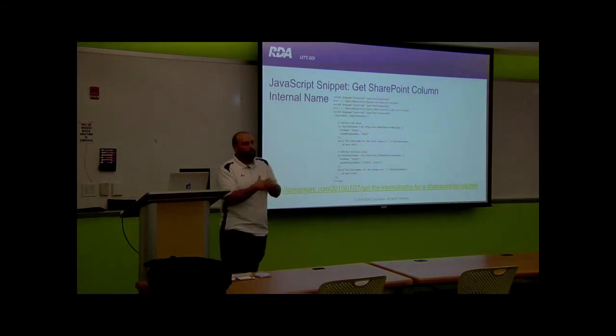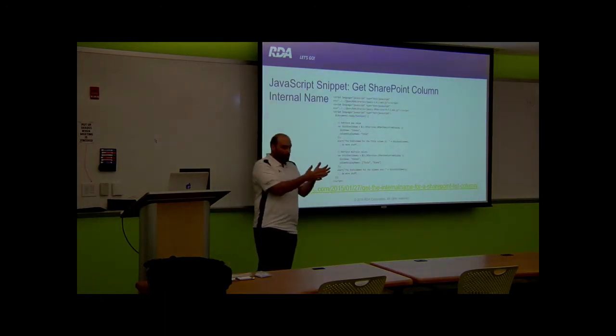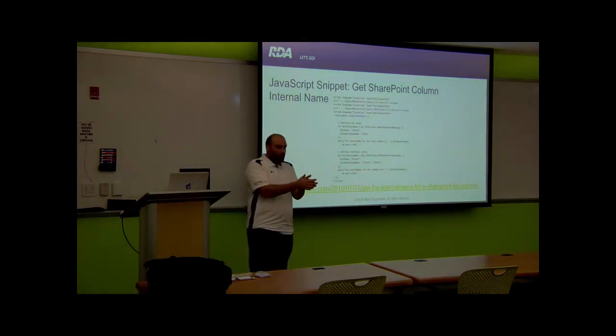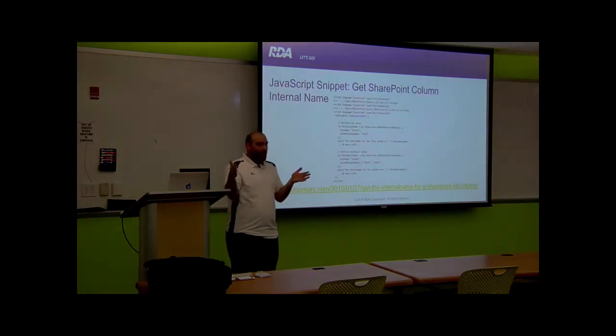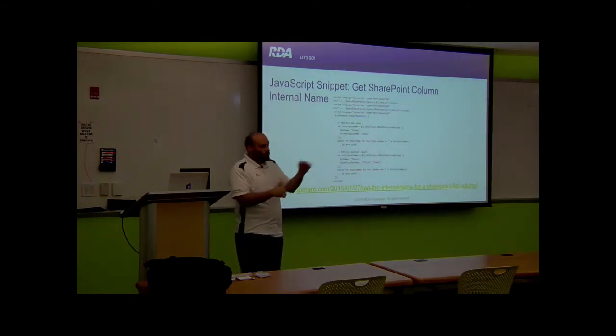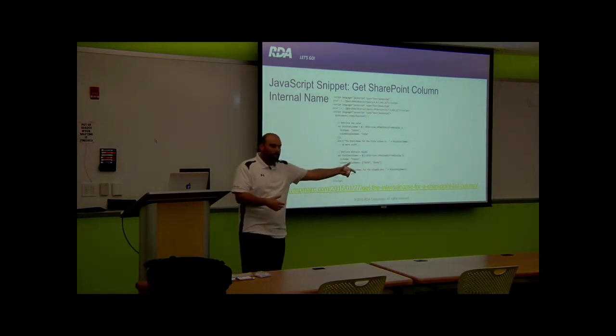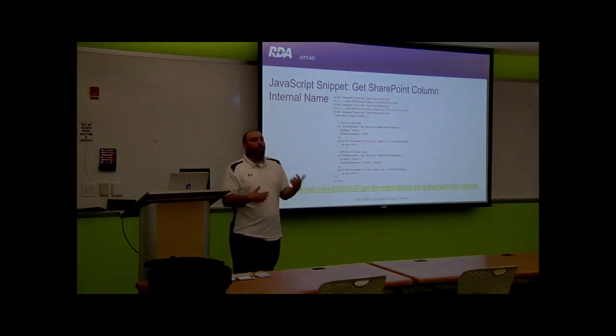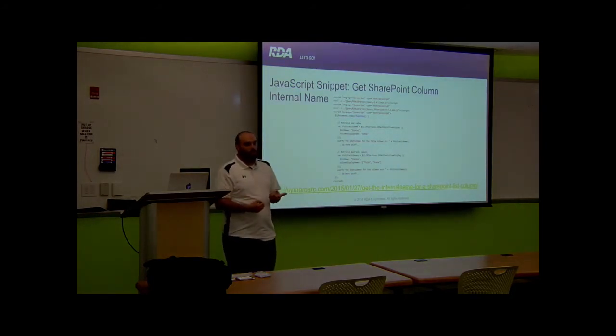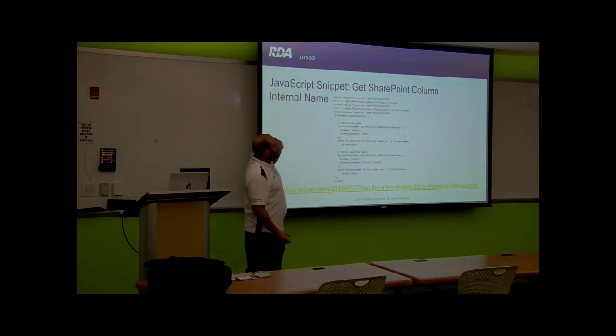You don't want to query by the display name because the display name can change, right? You can create a column called Tim, and then you can go and rename it Tim's Awesome Column with spaces and an exclamation point, right? So you don't want to query versus what you see. You want to go get the internal name and then query against that because you know that that's not going to change. You can't change the internal name once it's been set. So you need to know this.